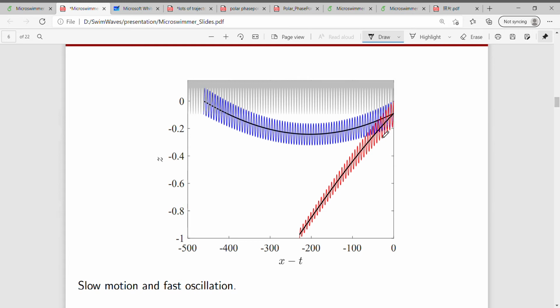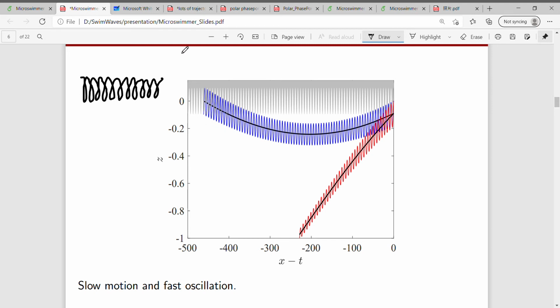It's a little bit similar to the Stokes drift, where the swimmer will move something like this. But since we have a swimming velocity here, we will also have an overall motion of the particle. This swimmer will finally swim down to the bottom of the water, and for this one it will swim back to the surface.